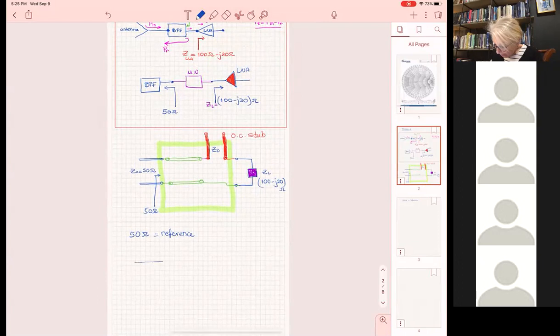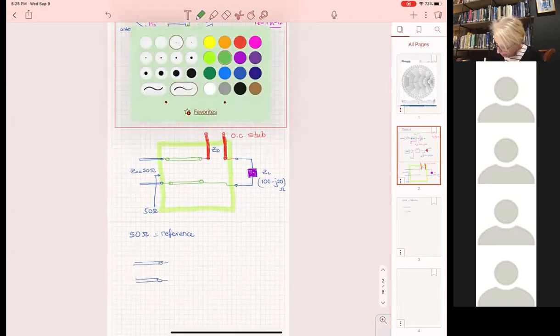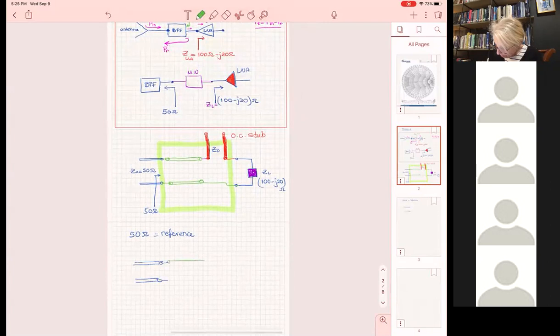I still have the input line. Then I still have my transmission line. Then this one is going to give me the stub here.